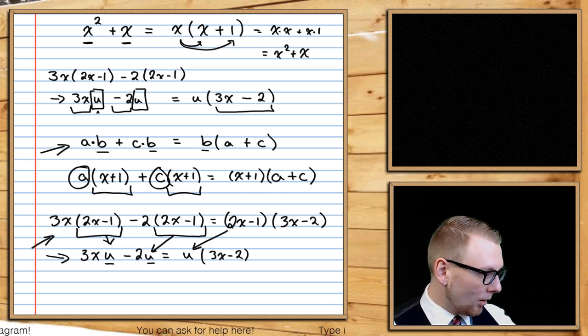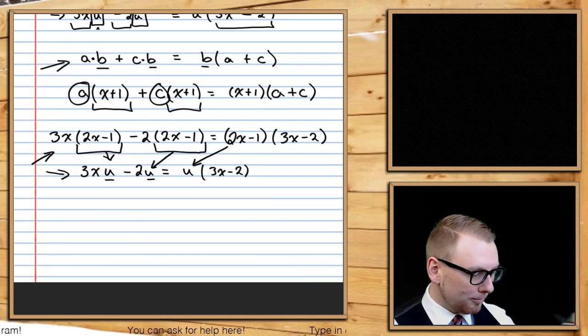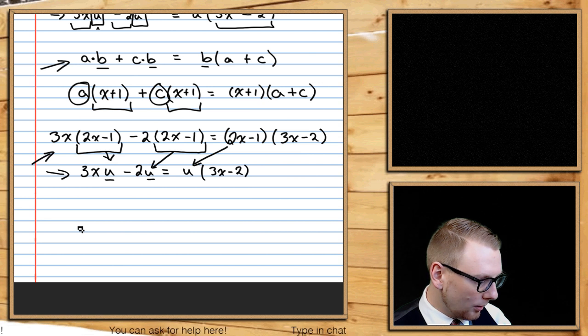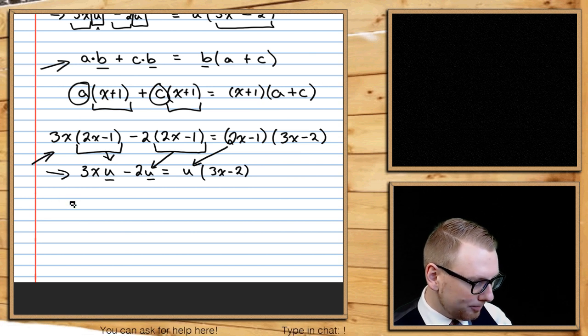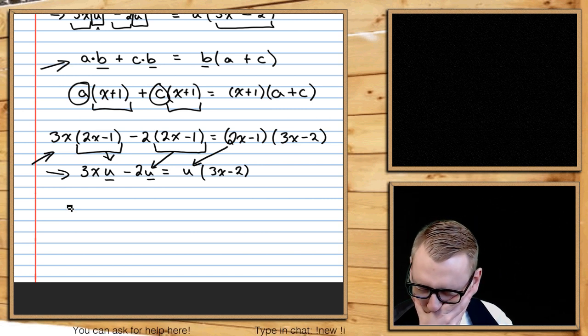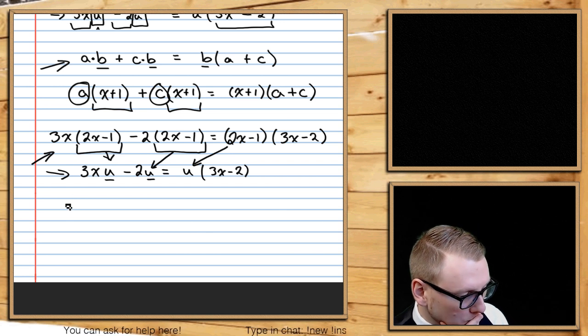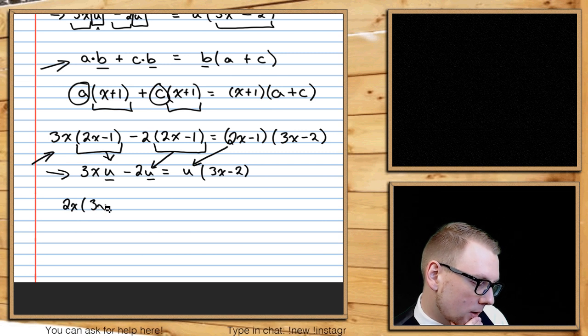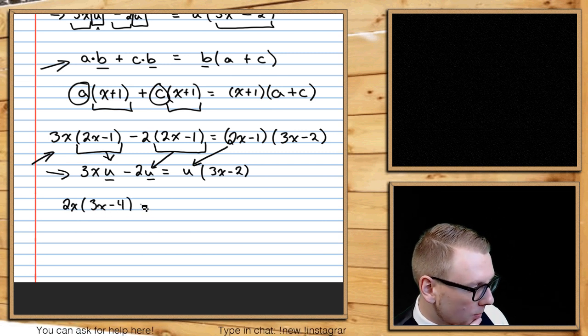So, for example, 2x times 3x minus 4 plus 3 times 3x minus 4.